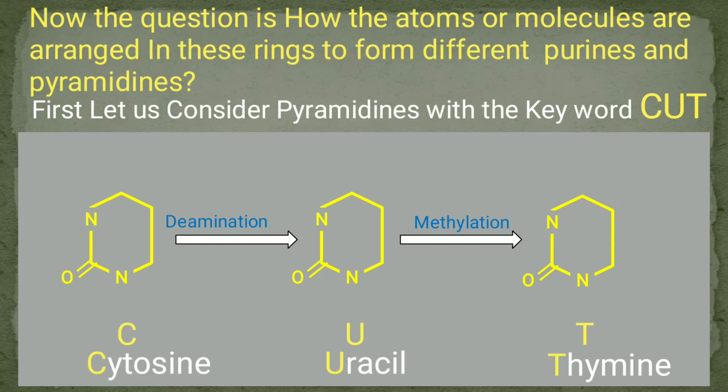So if deamination should happen to cytosine to convert it to uracil, the cytosine should contain an amino group. So the amino group is there on top of the cytosine.